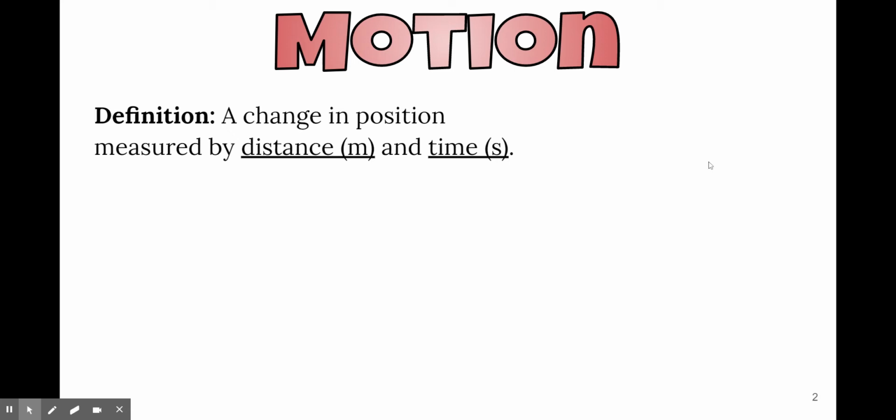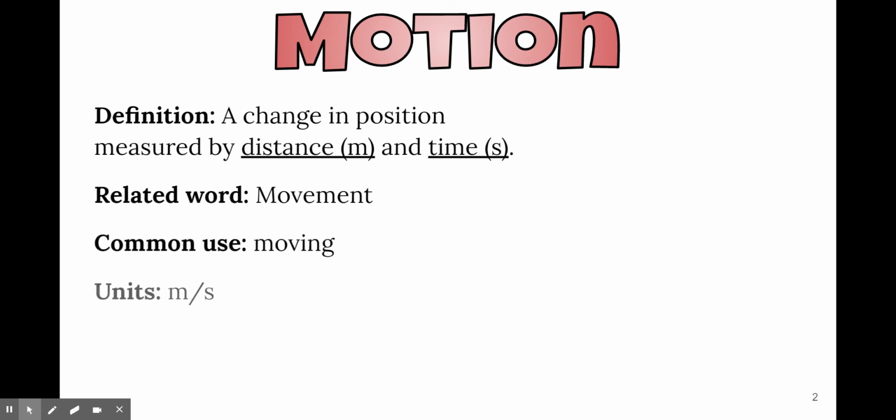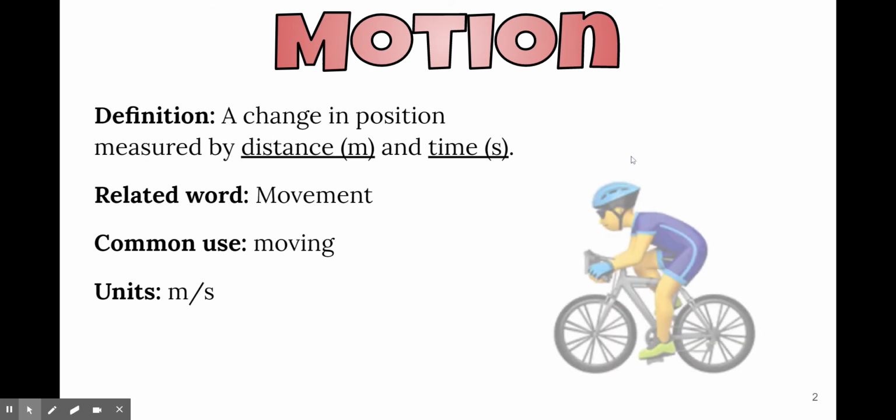And that's what graphing velocity is all about, distance over time, right? If you're in motion, you're moving. And our unit for this most commonly is going to be meters per second, but we could also have miles per hour, kilometers per hour, feet per second. All of these different things could be our motion units, right? And motion, again, is any change in distance over time.